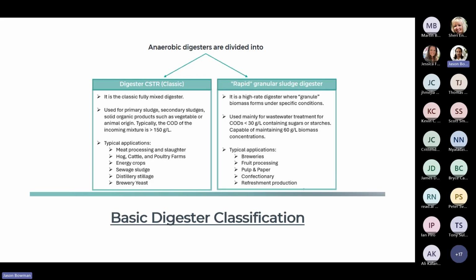And then we have more rapid digestion configurations that are geared more towards lower solids, but a high dissolved organic matter. So each category has a host of variable configurations and loading rates based on the type of waste, whether it's in the meat processing, whether it's in the dairy industry, manure, non-manure, whether it's beverage production, etc.